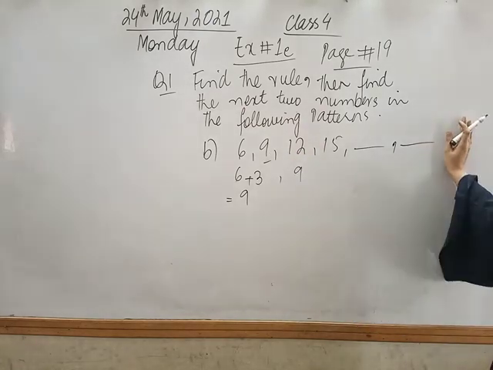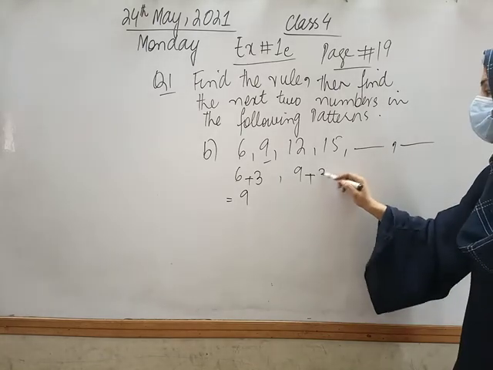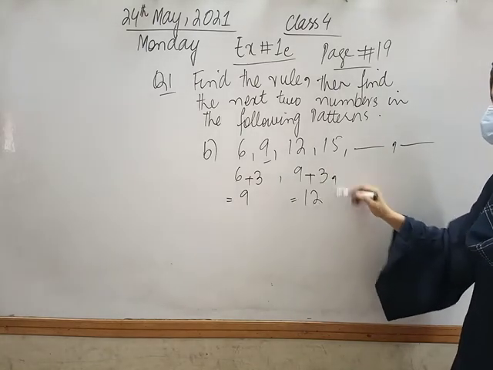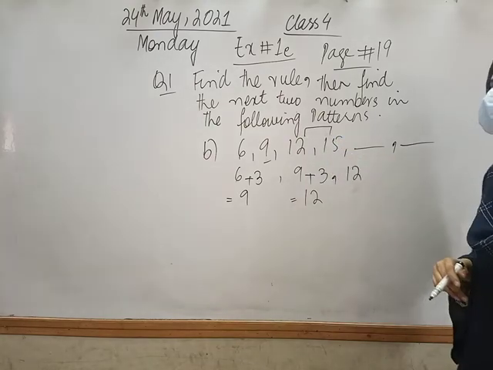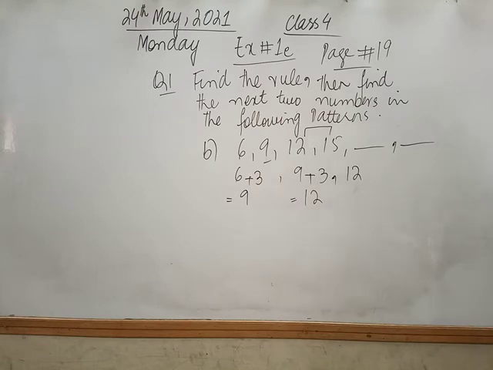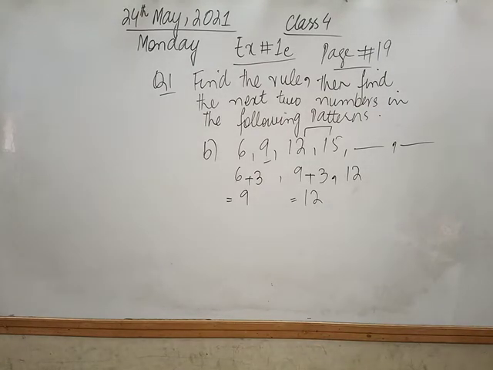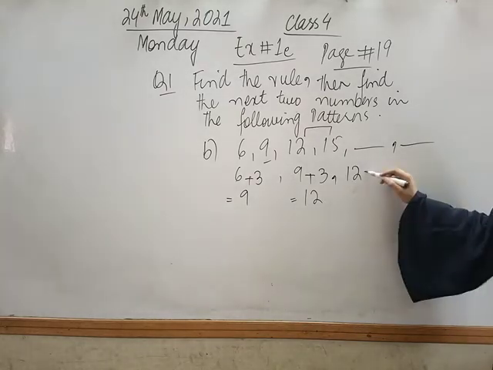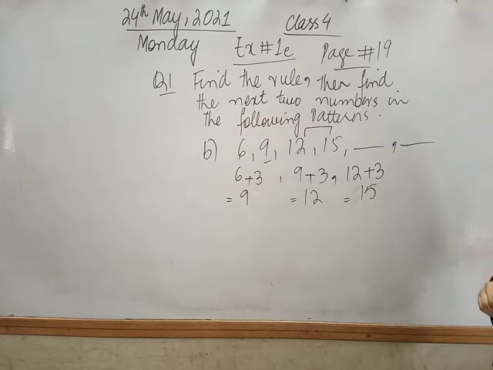So what number will I add to make 12? Very good. 3. I will add 3. Likewise, the next number I have is 12, and what number will I add to make 15? Very good. I will add 3 to it. So by this I have 15.